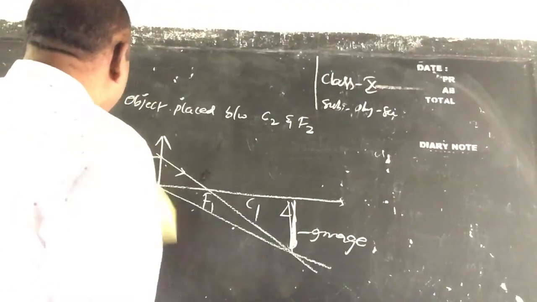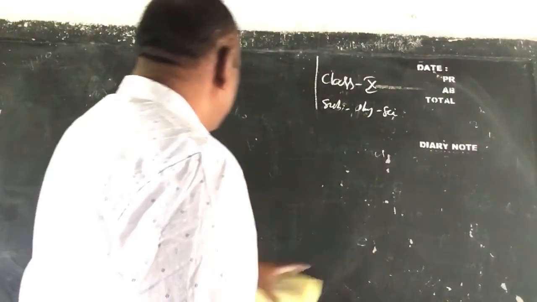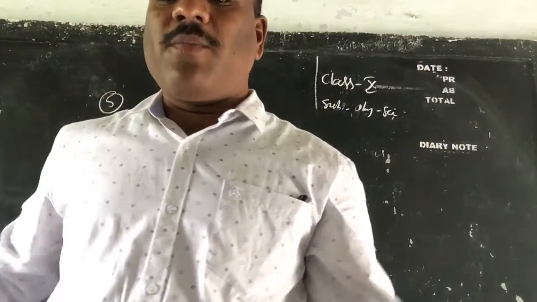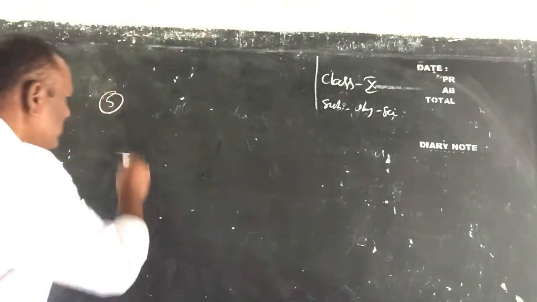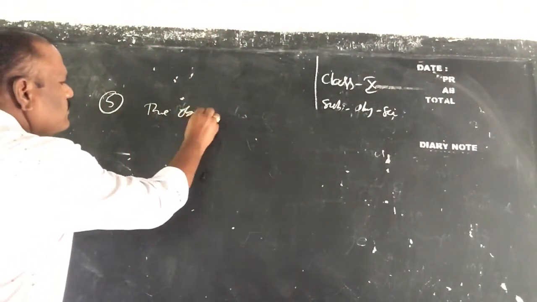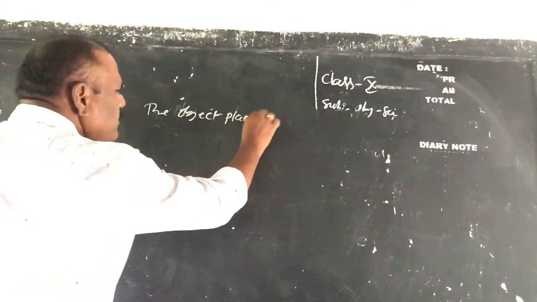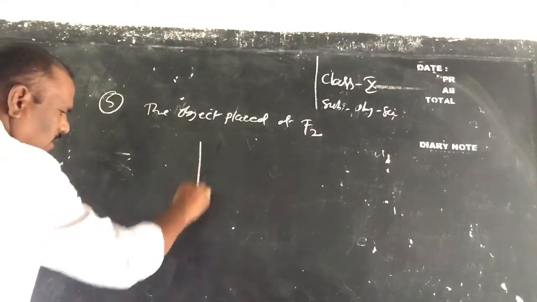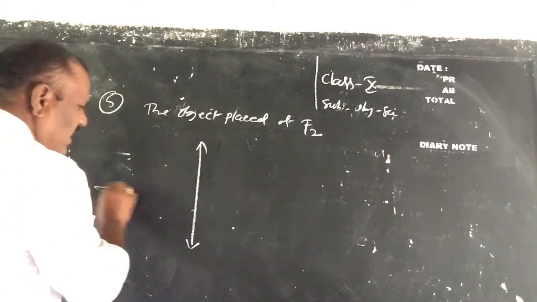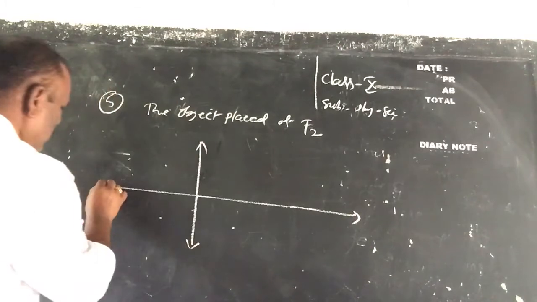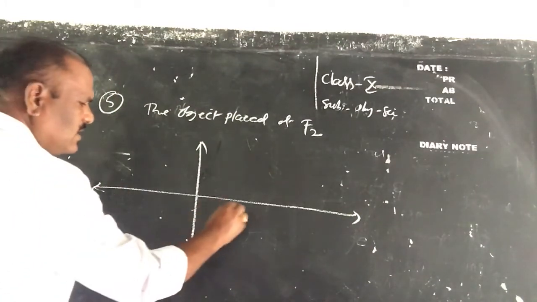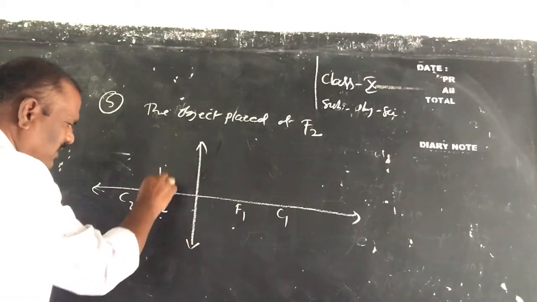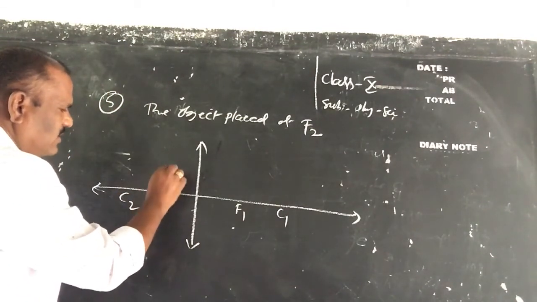Now the fifth ray diagram. In the fifth one, you see, the object is placed at focal point F2. Now this is the convex lens, and this is the principal axis, F1, C1, F2 and C2. Now the object is there at the focal point.